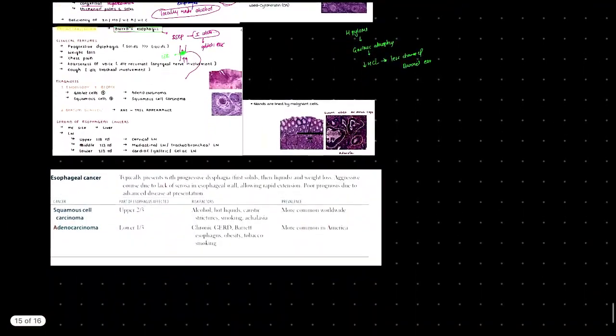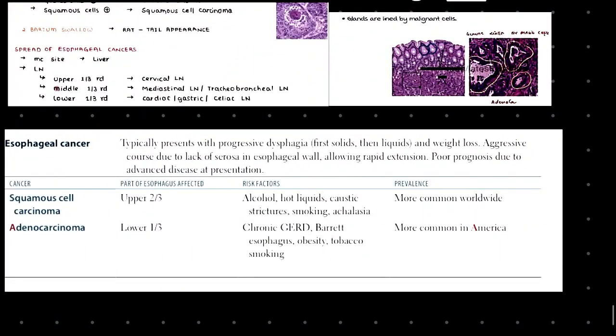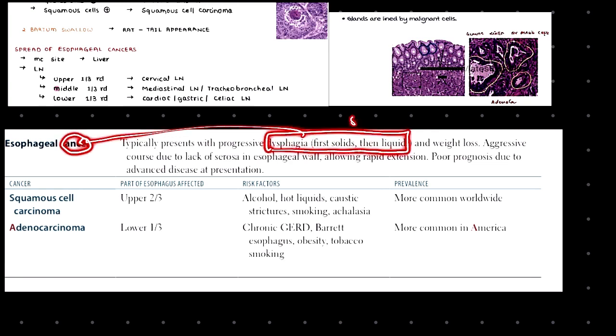Now let us move to the content of First Aid. Here it is less, but it is high yield. Esophageal cancer presents with progressive dysphagia, first to solids, then to liquids. As we have said, in the case of cancer there will be difficulty swallowing solids, but in the case of achalasia cardia, there will be difficulty swallowing liquids more than solids.